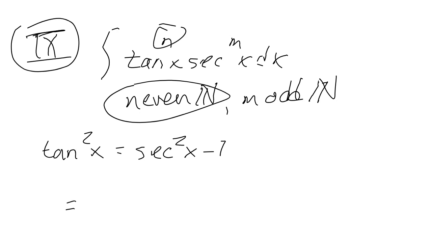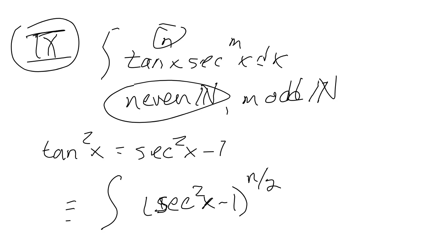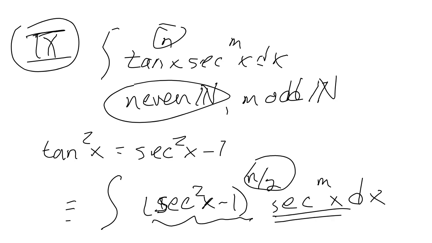I can rewrite this as the integral of secant squared x minus 1 to the n divided by 2 power, right? Because tangent squared to the n divided by 2 is tangent to the n power. Times secant to the mth power of x dx, and then multiply this out to that power, use the distributive law to multiply secant to the mth power times all that, and then use the other rules.